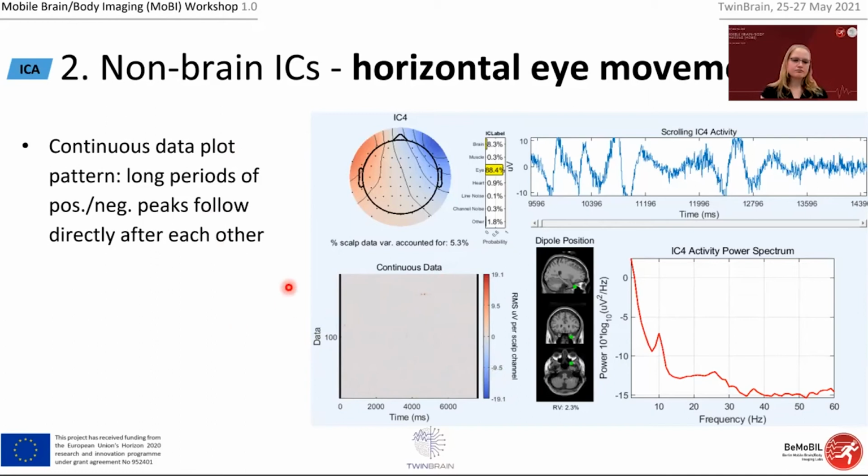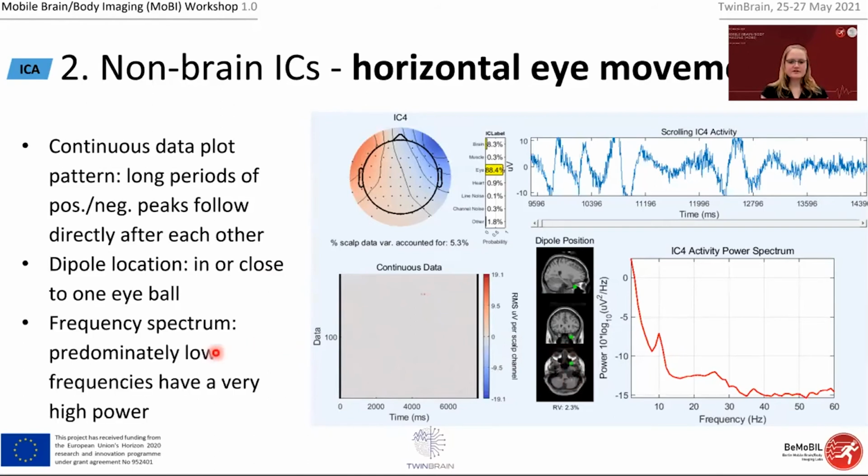So that's common depending on the task, like how much eye movement is fostered by the task or even prevented because of a lot of attention, focusing on something. This will differ. And the dipole location is again frontal, but usually independent component analysis chooses a dipole closer to one of the eyes. But it's kind of random whether it's the left or the right one.